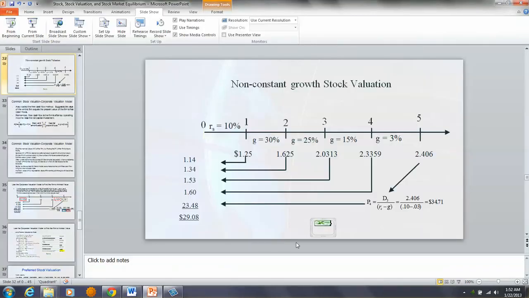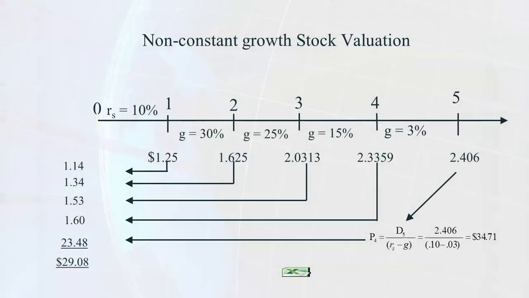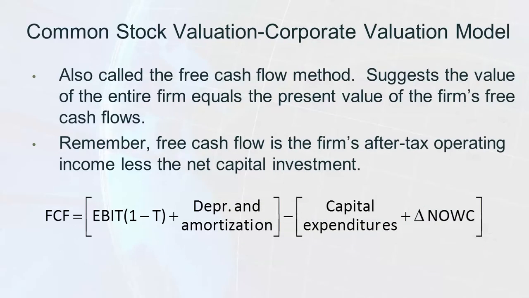Alright, let's get back to the slide here. Now let's talk about the common stock valuation corporate valuation model. We also call this the free cash flow method, and it suggests that the value of the entire firm equals the present value of all the firm's future free cash flows. Remember, free cash flow is the firm's after-tax operating income less the net capital investment.